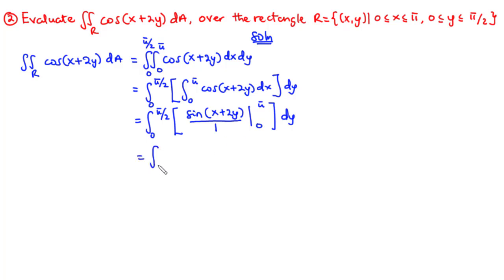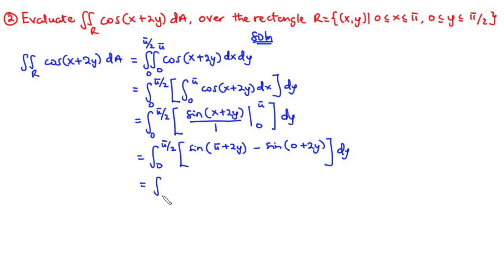The next thing is we are going to input the upper and the lower limit in place of x in this function. So we have the integral from 0 to pi on 2, and then inside we have sine, that is in place of x we have pi, so sine(pi + 2y) minus sine(0 + 2y), and then times dy on the outside.